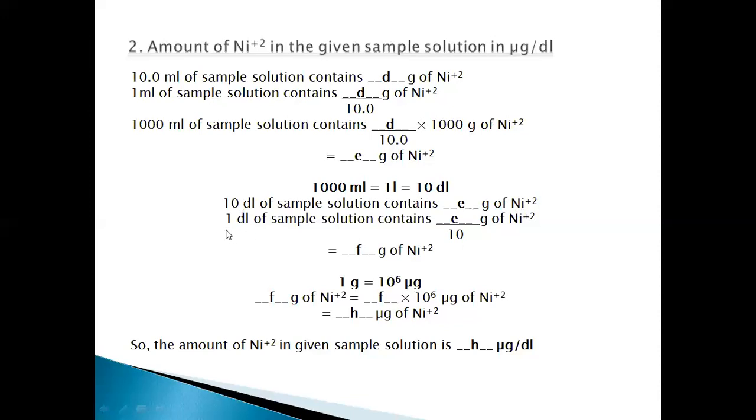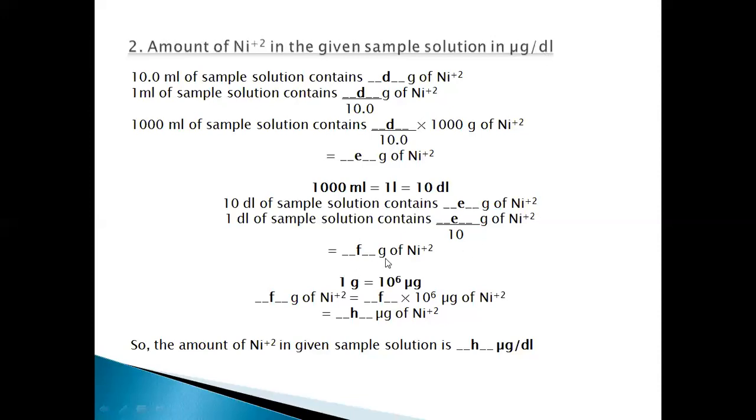Then 1 deciliter of sample solution contains E divided by 10 grams of nickel. In the objective we have to calculate in 1 deciliter, that is the reason why I have calculated in 1 deciliter. So if you solve this, E divided by 10, suppose the answer is F, and this F is actually gram of nickel in 1 deciliter.